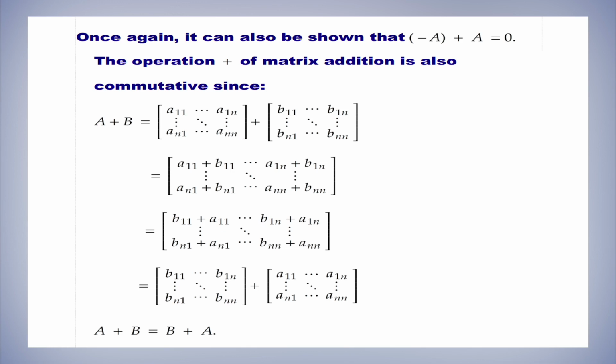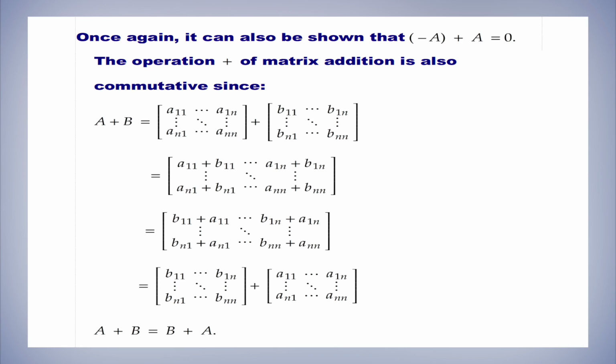And again the B matrix: B11, B12 and so on to B1n, like Bn1, Bn2 and so on to Bnn. Now we are going to add A plus B. So the result will be A11 plus B11, A12 plus B12 and so on to A1n plus B1n, like An1 plus Bn1, An2 plus Bn2 and so on to Ann plus Bnn.